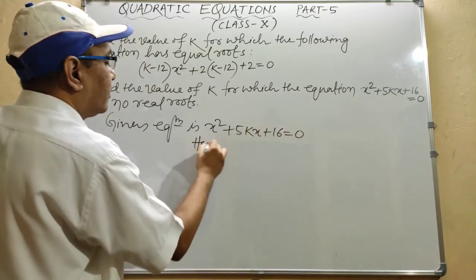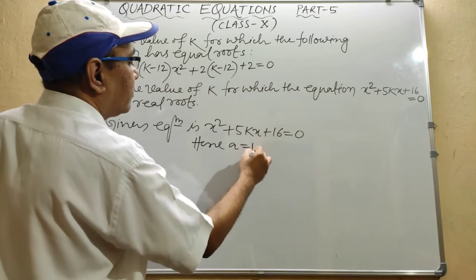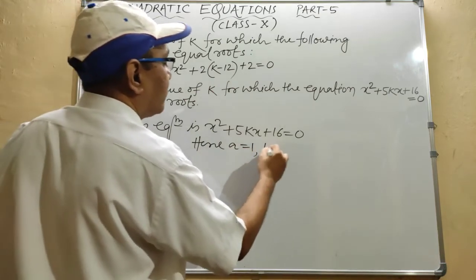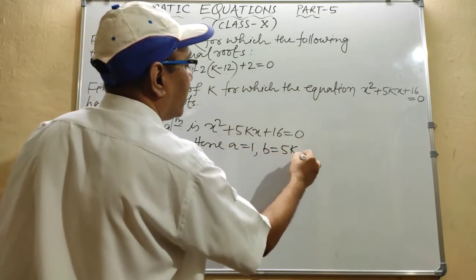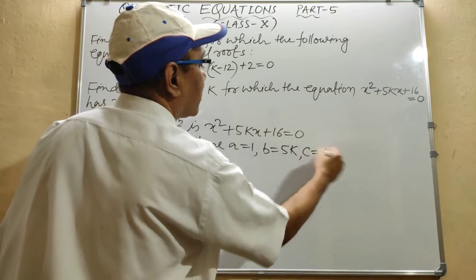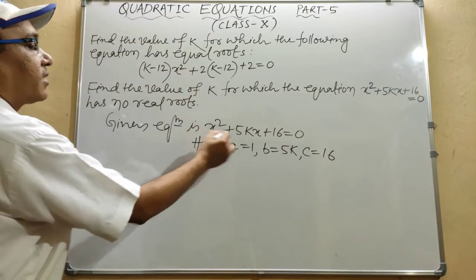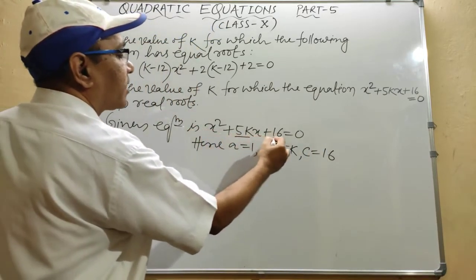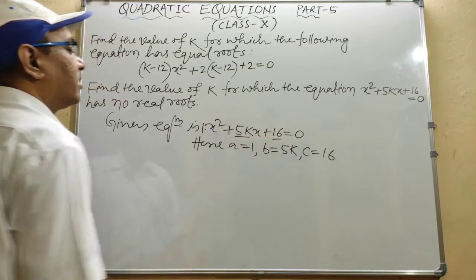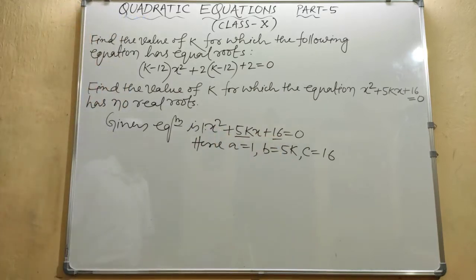Here what is a? What is b? 5k. And what is c? 16. It is of the type ax² plus bx plus c. So a is here 1, b is 5k, and c is 16.